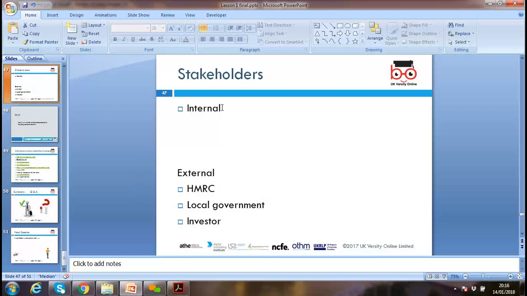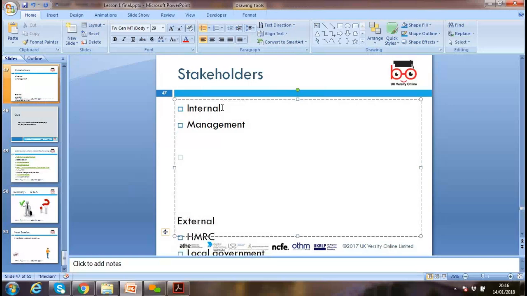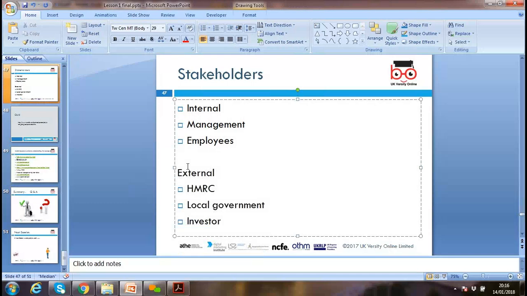So, internal stakeholders could be? Management, yeah. Employees, yes. Some external stakeholders? Suppliers, yes.